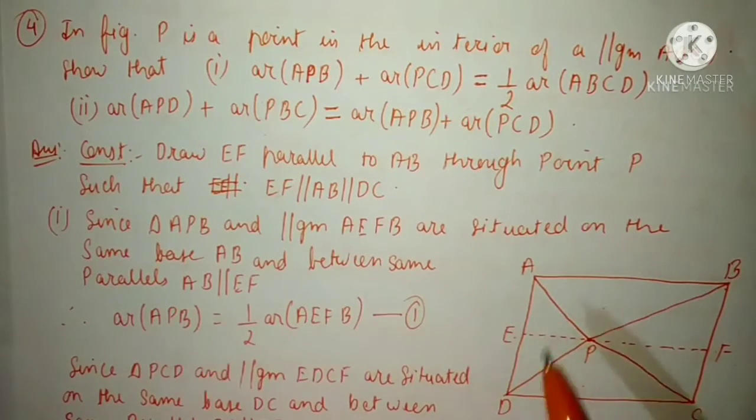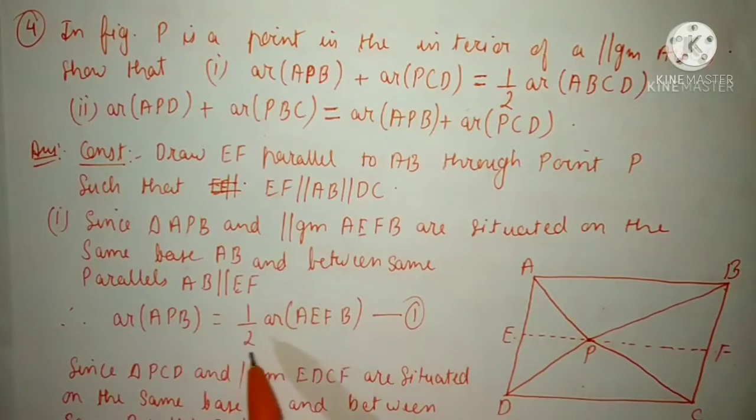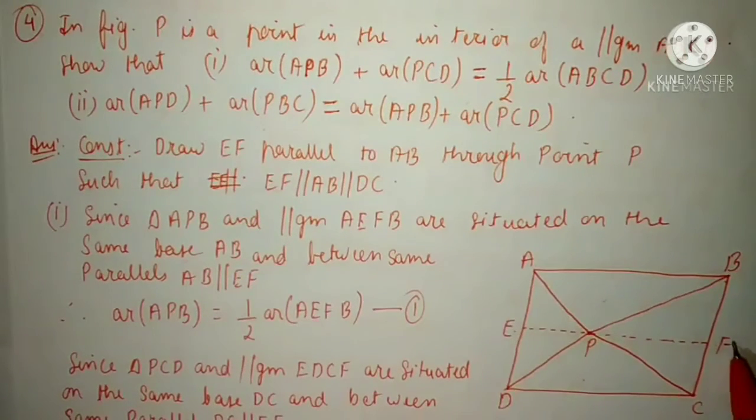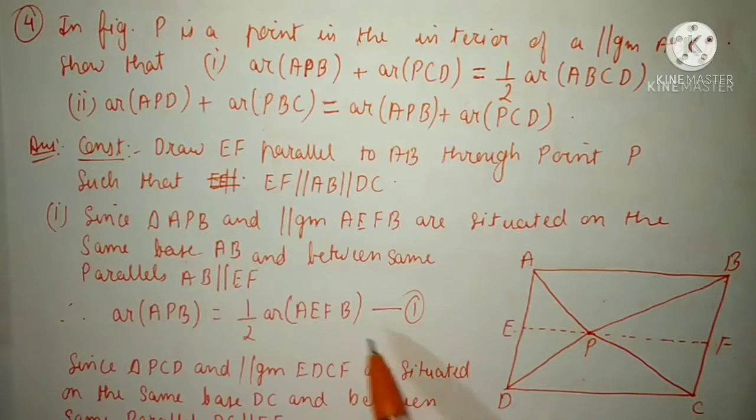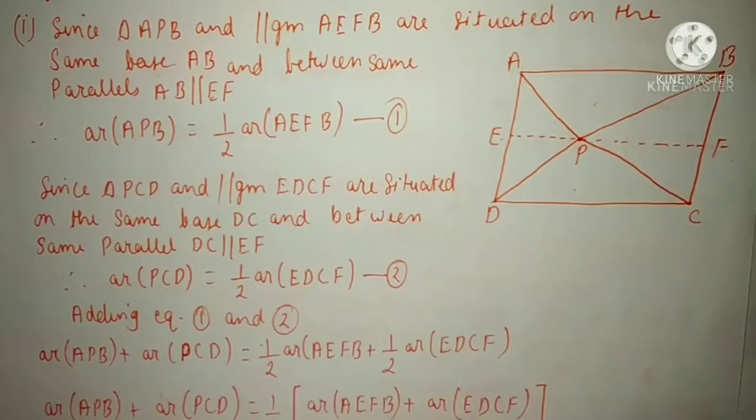So area of APB is equal to half of area of AEFB. Name this as equation number 1.